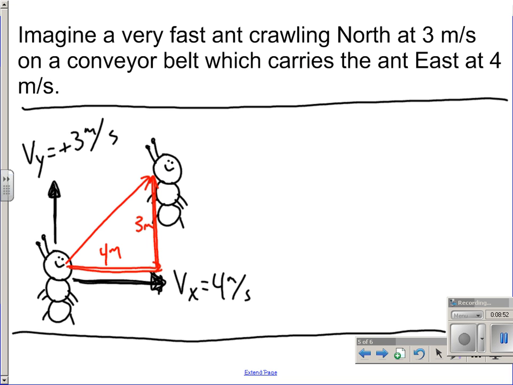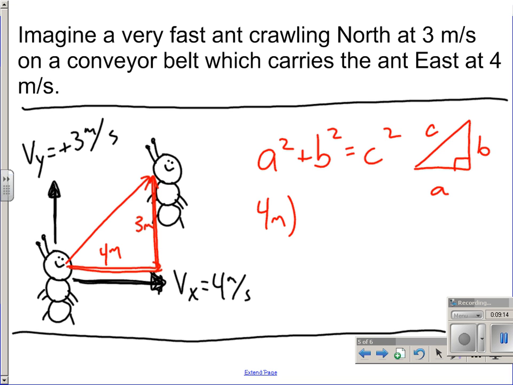So what you learned in math class is this: a squared plus b squared equals c squared, where you're dealing with a right triangle with two legs of length a and b, and the hypotenuse is length c. So for us, we've got 4 meters squared plus 3 meters squared equals c squared.